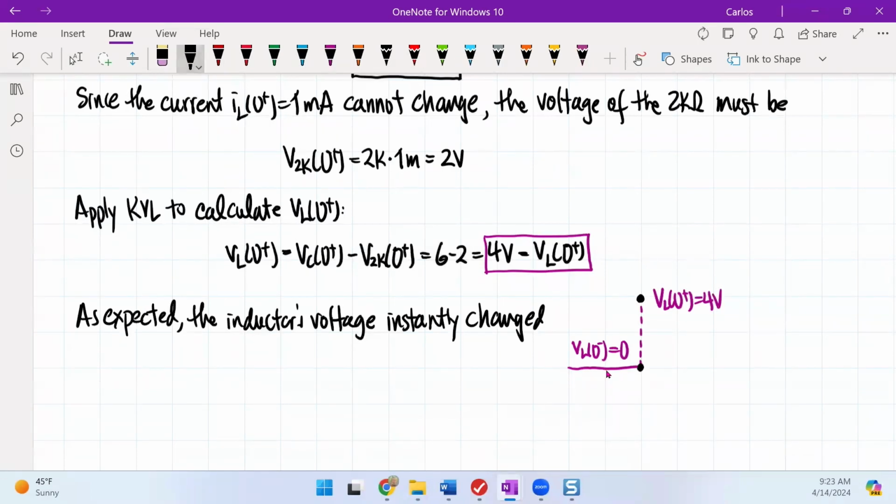So if I'm looking at VL as a function of time, you're seeing something like this. And as usual, as you go towards the final steady state, we're going to see that this guy's going to disintegrate all the way down to 0.